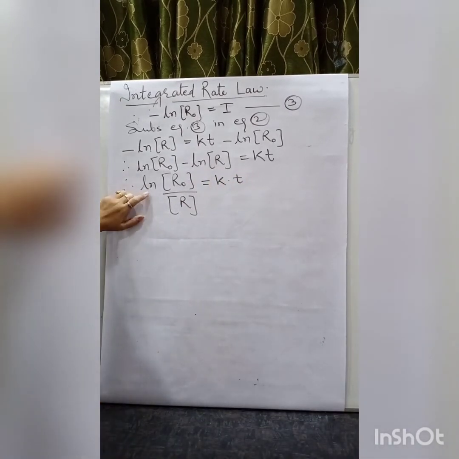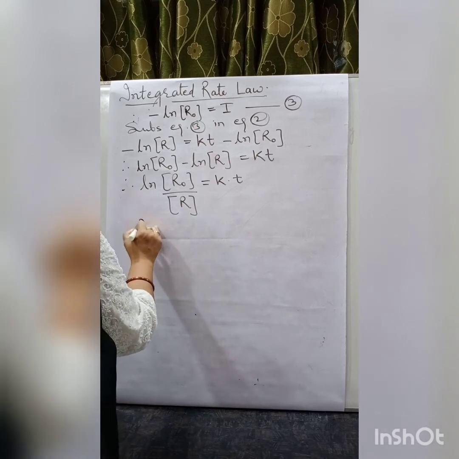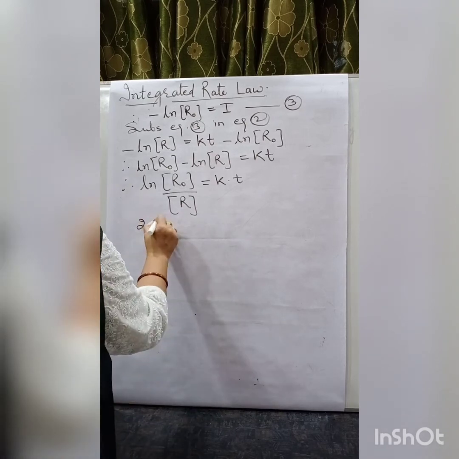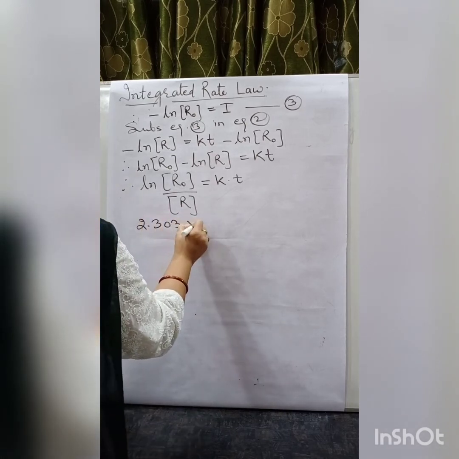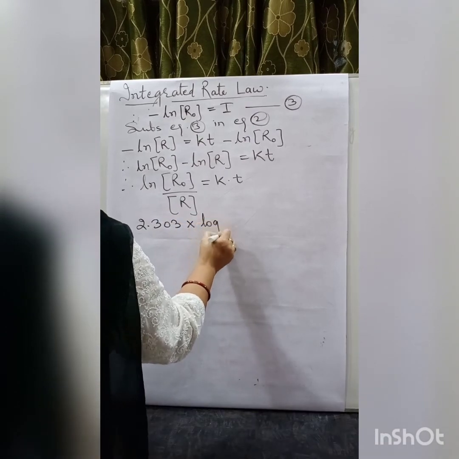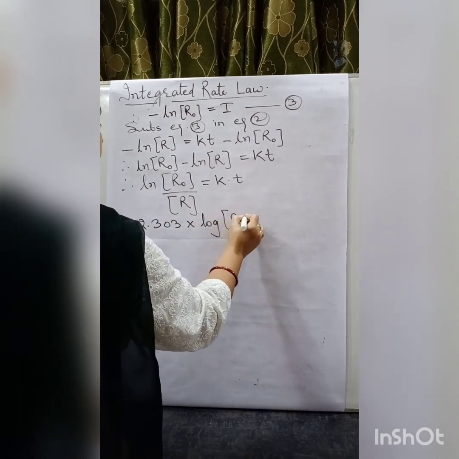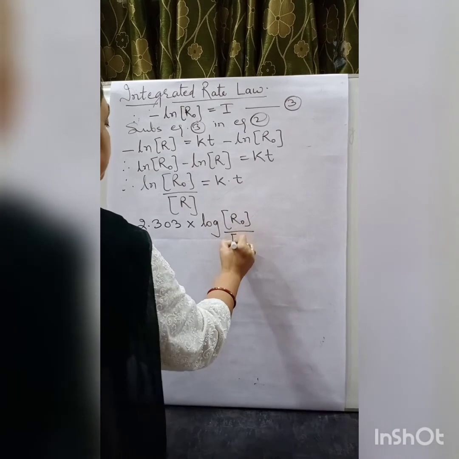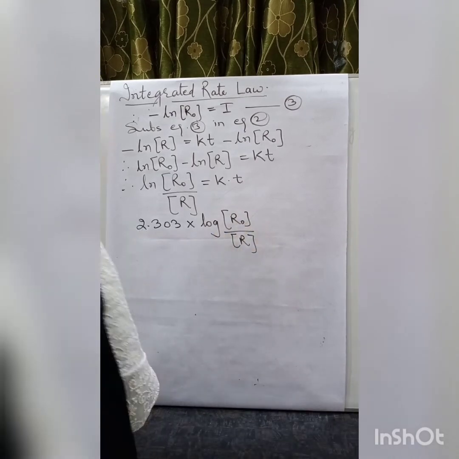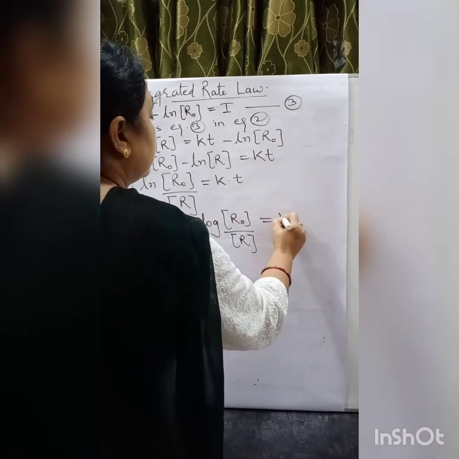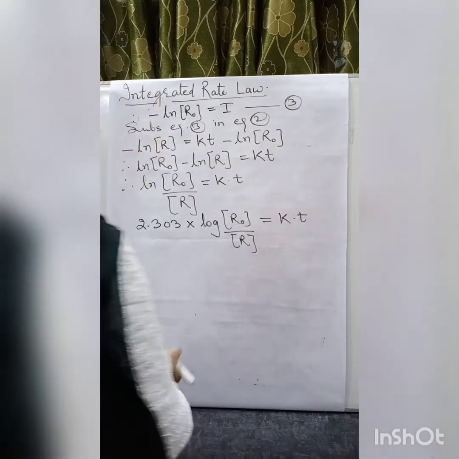Now if you want to remove this log of integration, we are supposed to multiply by 2.303, then it will change into log of natural log. Log of integration will change into natural log, into log of R naught upon R is equal to k into t.